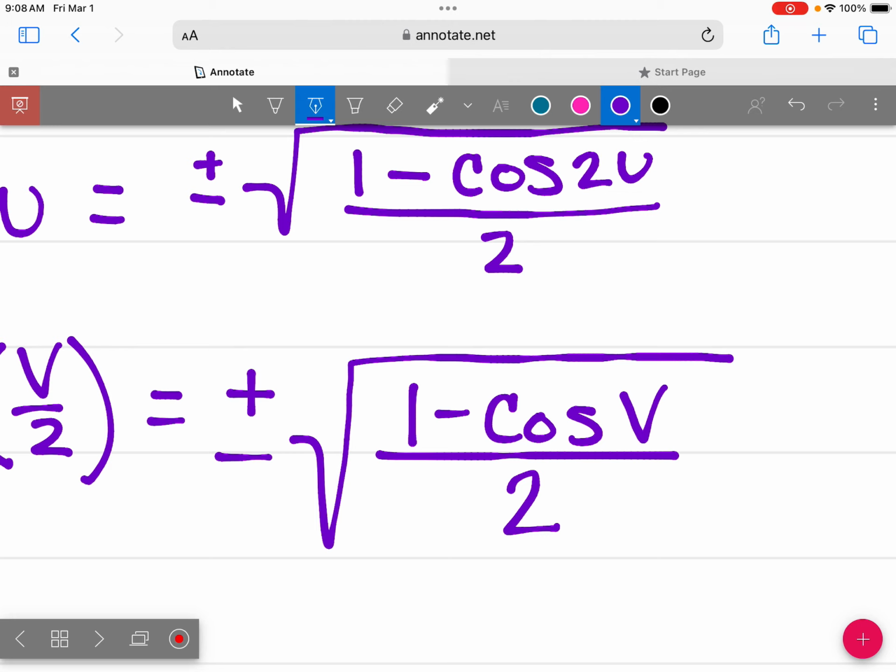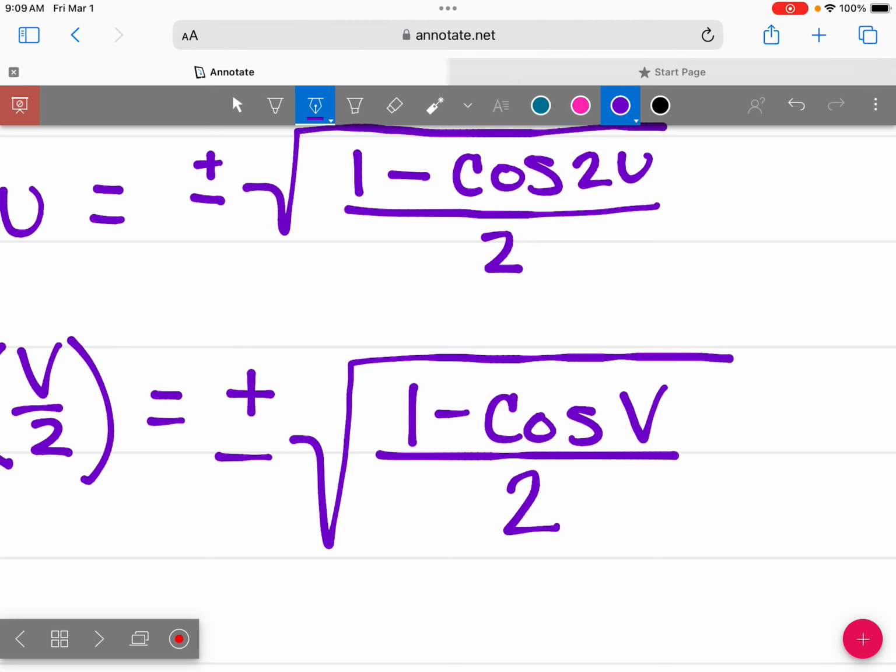Just like yesterday, we took our addition and derived the formula for our doubles. We're taking our doubles and deriving the formula for halves. So sine of the half of some angle is based off of this.